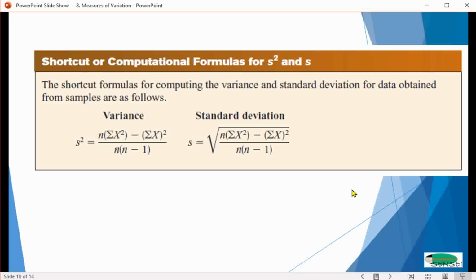Next. We may compute for sample variance and standard deviation using a shorter formula. In other words, we still are going to create our tables right here, but instead of subtracting, we don't need to.